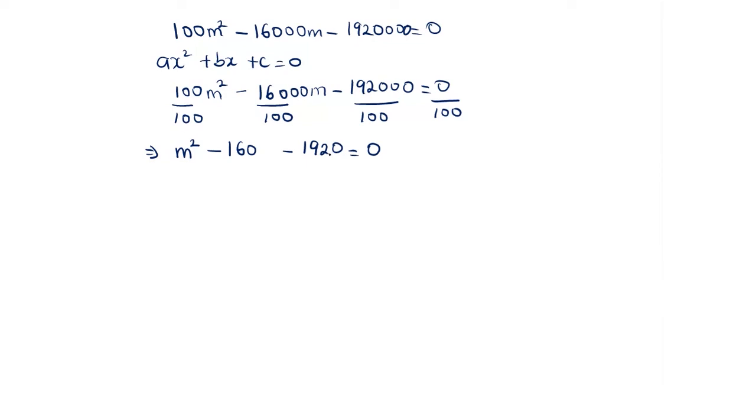That is two numbers that when you multiply together, you get negative 1,920. Don't forget it. Then when you add together, you also get negative 160. So let's look for those numbers. I'll give you a few minutes to bring out those factors.